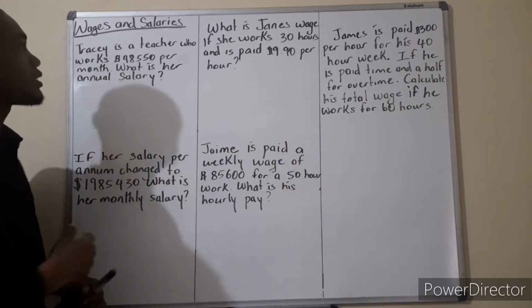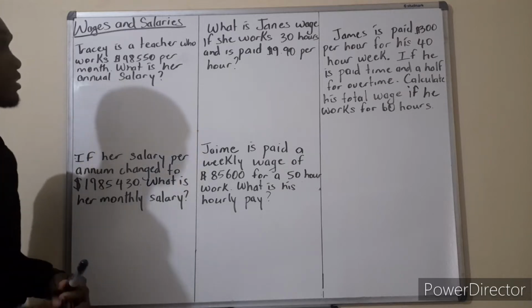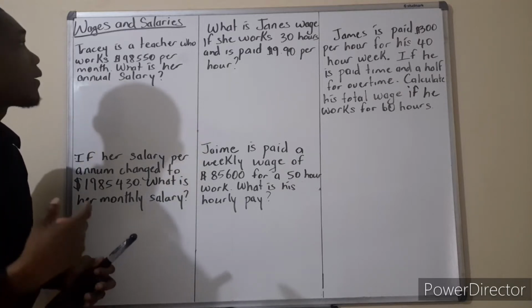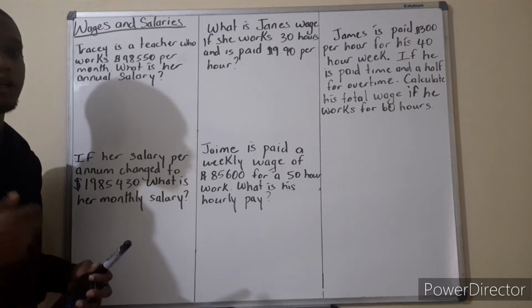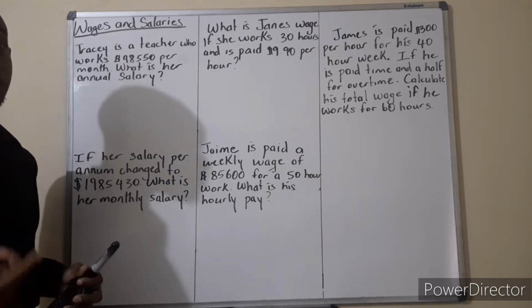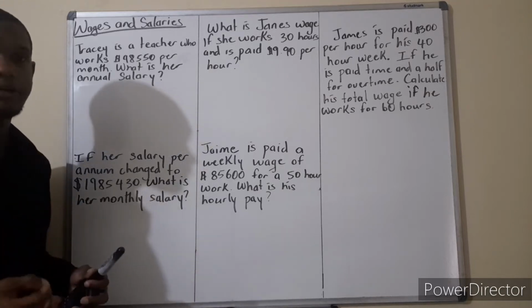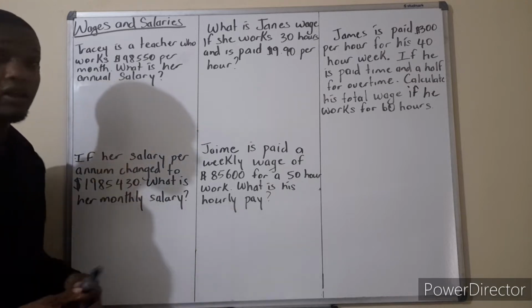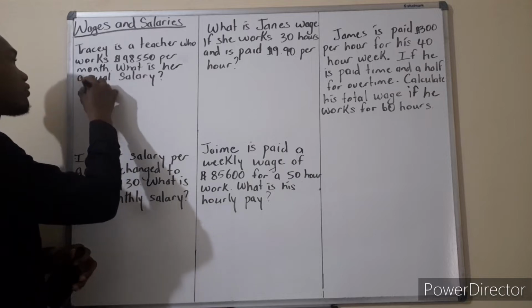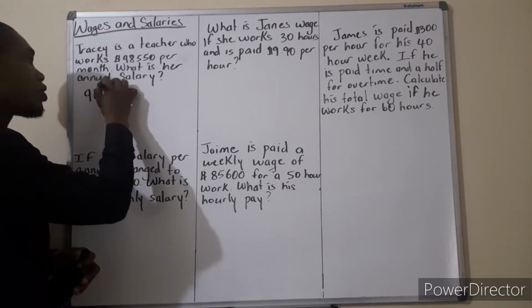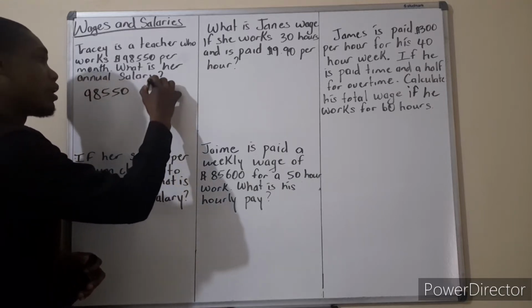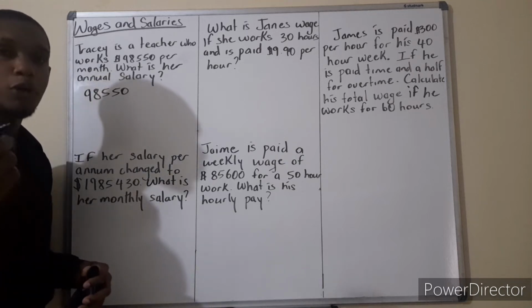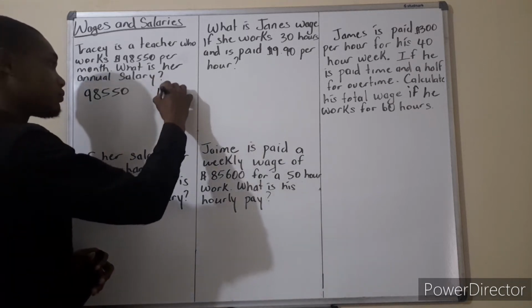Salaries. Tracy is a teacher who works $98,550 per month. What is her annual salary? Now, annual salary means what is her salary at the end of a year. To get the pay at the end of a year, you would have to have her monthly salary and know how many months make a year, which is 12.